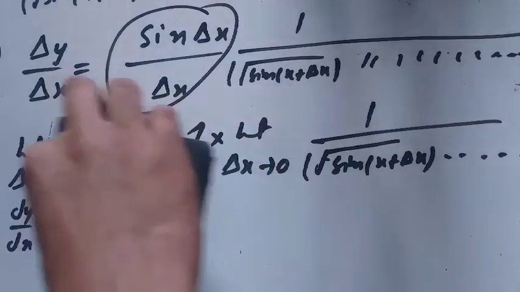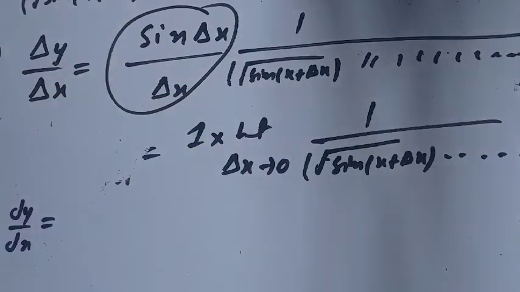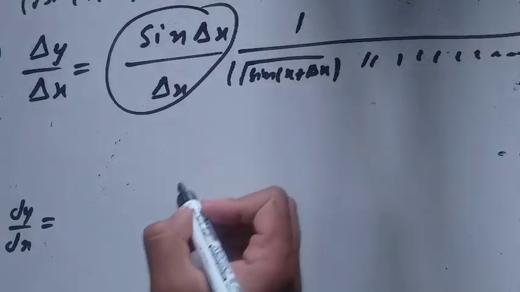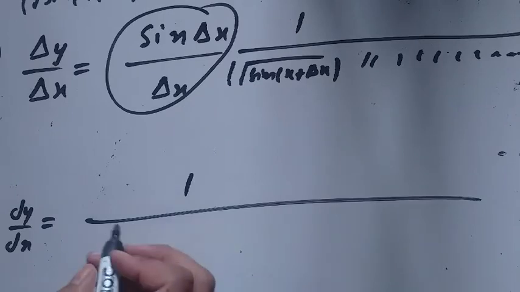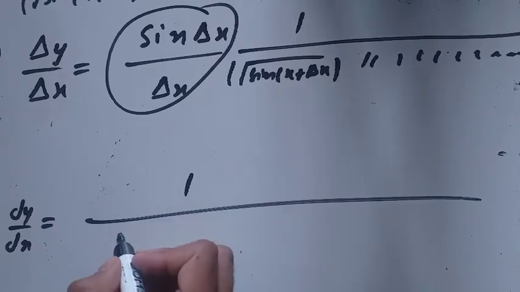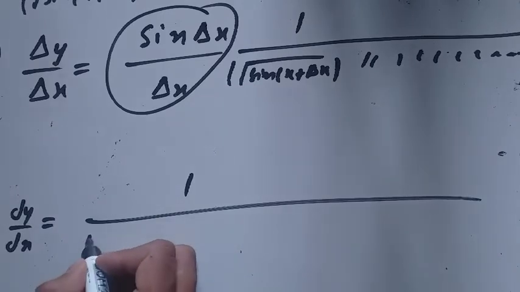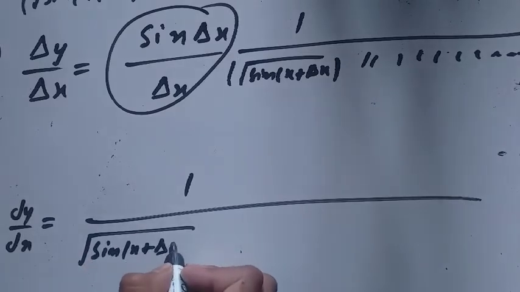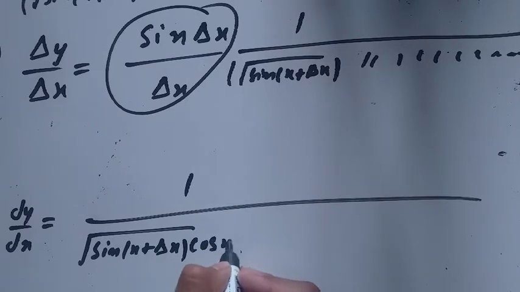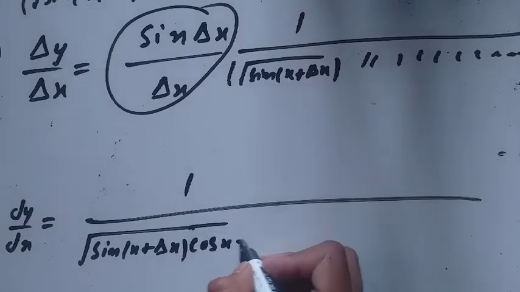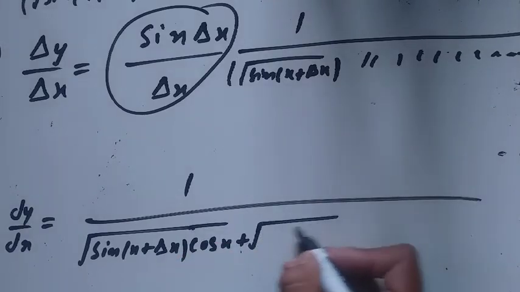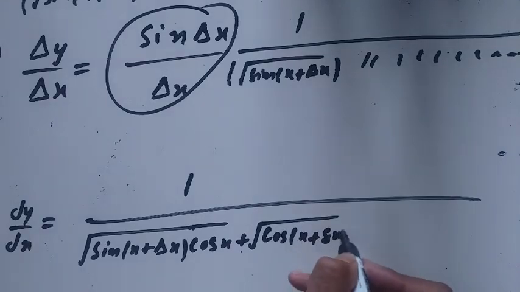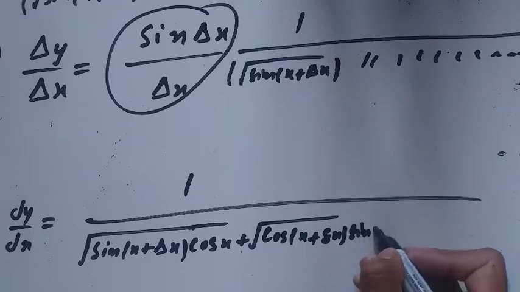Now let me elaborate this first. Thus we get 1 divided by under root of sine of x plus delta x cos x plus under root of cos of x plus delta x sin x.